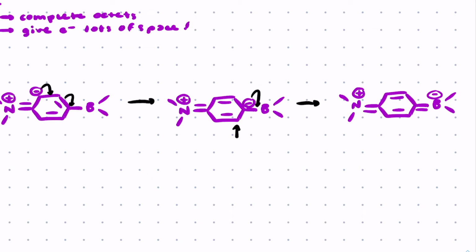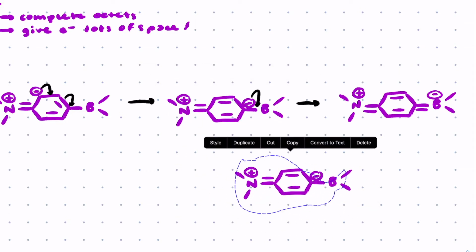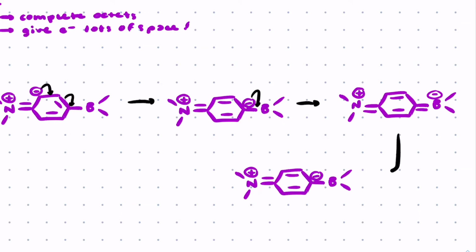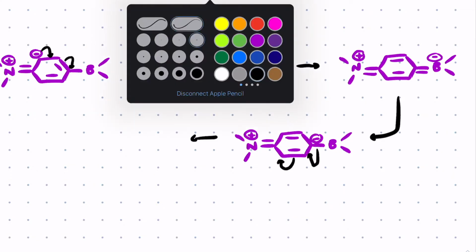And then from this structure, if we just duplicate this structure here, we can push electron density here, and then push this up onto the carbon to create a new structure that looks like this.